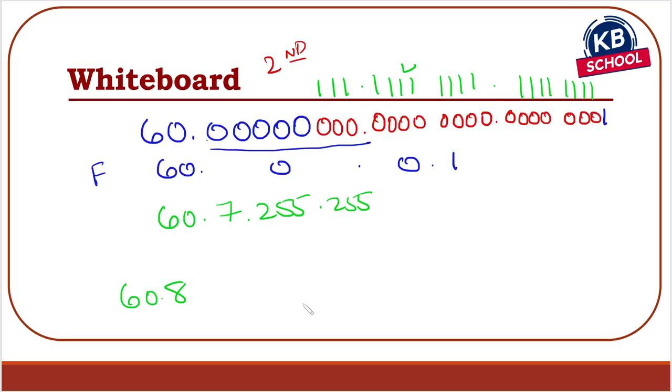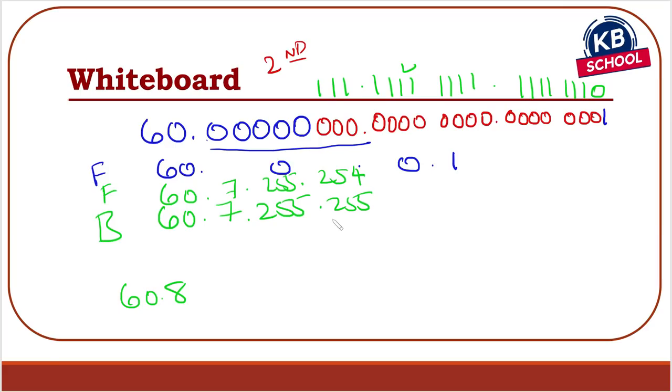So 2 octets of 255 for my broadcast. And the last usable one, I would turn this to 0. So that's the last usable one: 60.7 again, all ones over here, 255, but on the last octet, 254. So that's your last usable one.